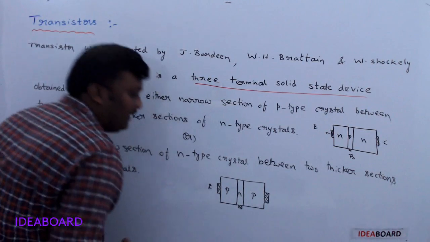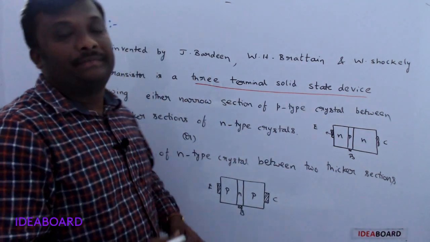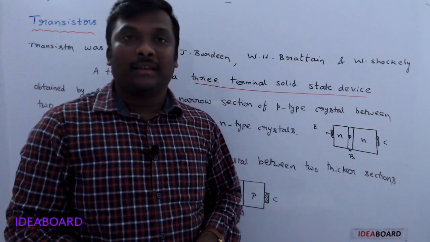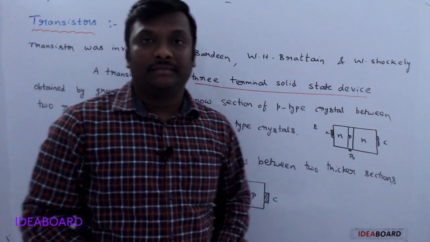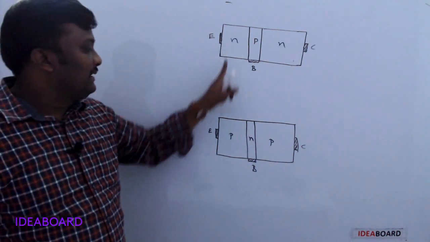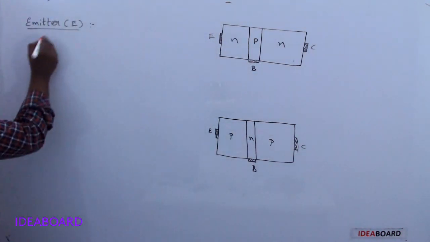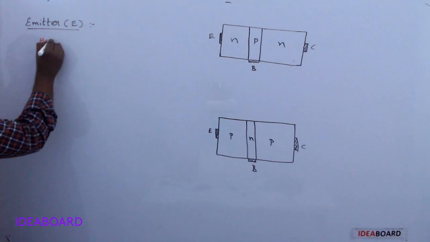Again here it is emitter, base, collector. Okay, let us discuss these three sections. So the first part is the emitter. This is called emitter. Okay, the emitter is heavily doped.